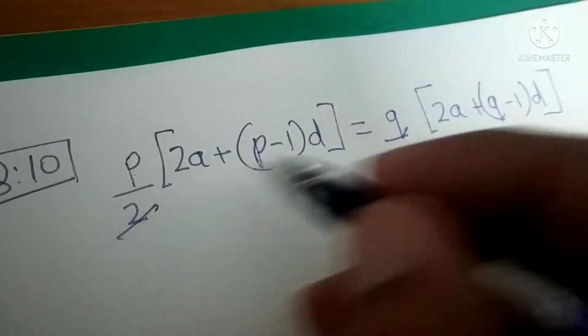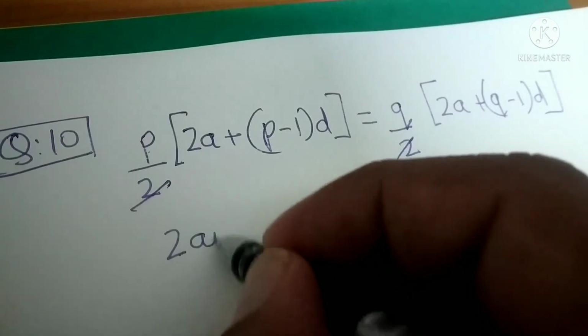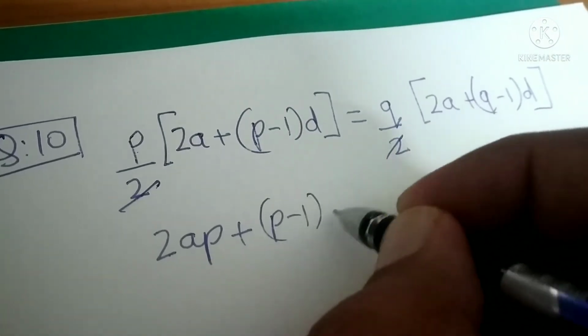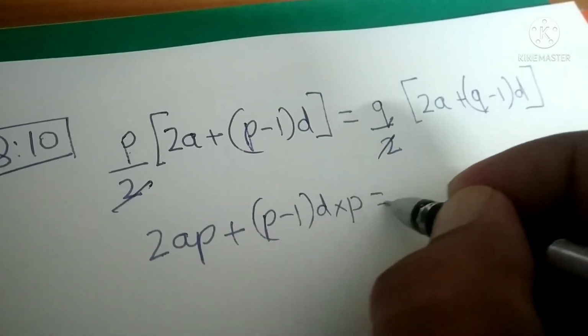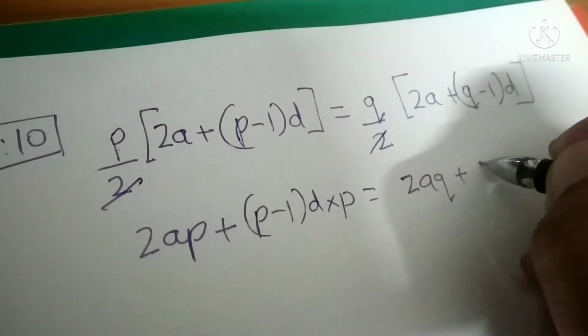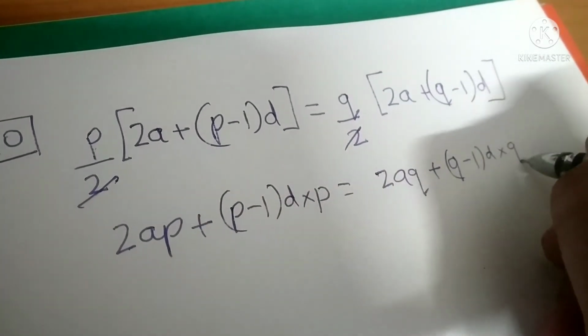So this 2 and 2 gets cancelled. So यह आ जाएगा आपका 2ap plus p minus 1 whole into d into p. So this is equal to 2aq plus q minus 1 whole into d into q.